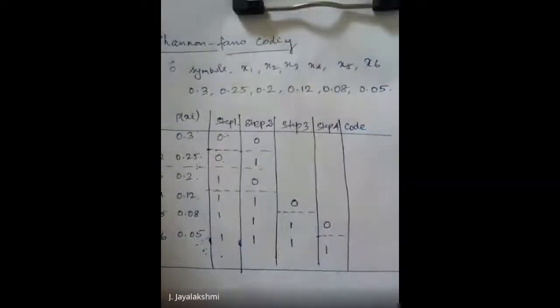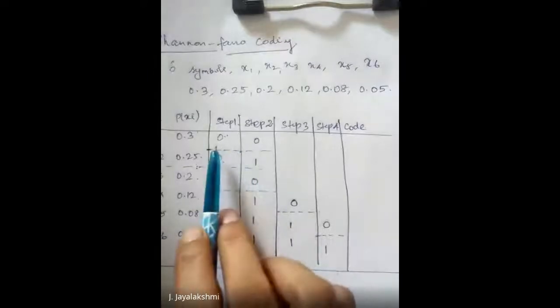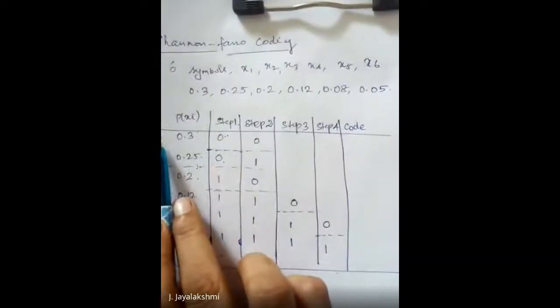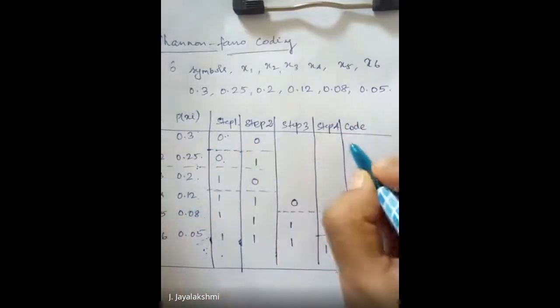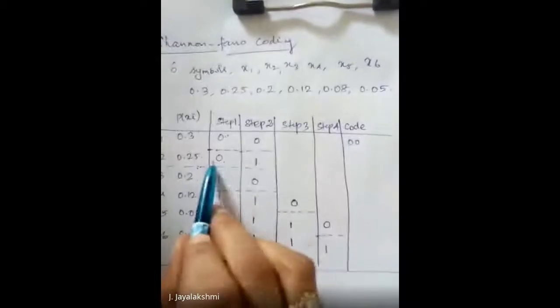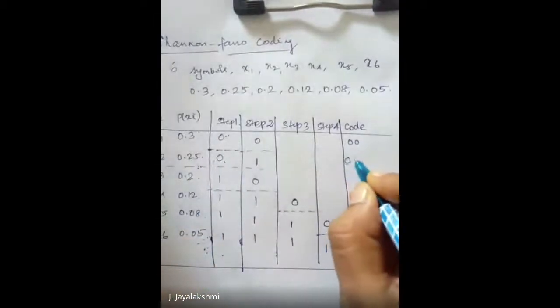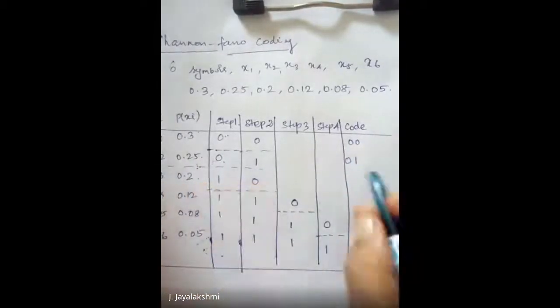So this is your code. The first symbol X1 has a probability of 0.3, and the code word for it is 0, 0. The second symbol is 0, 1. The third symbol is 1, 0.